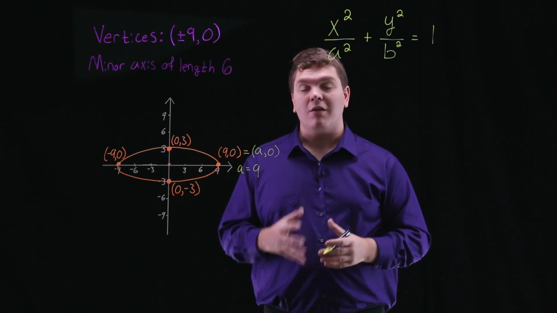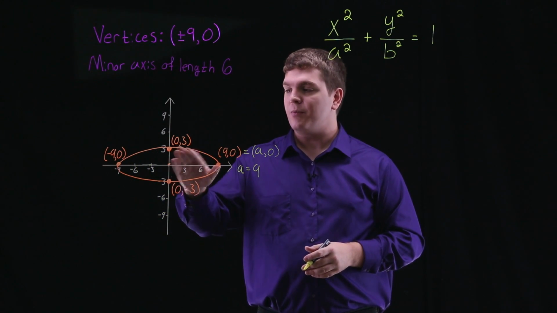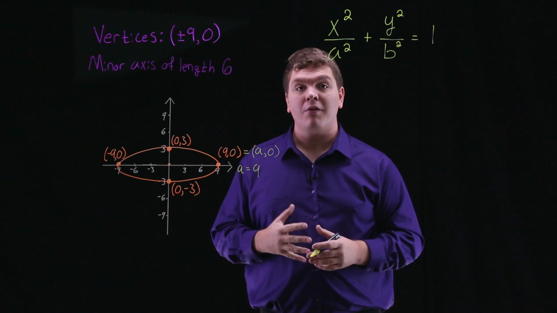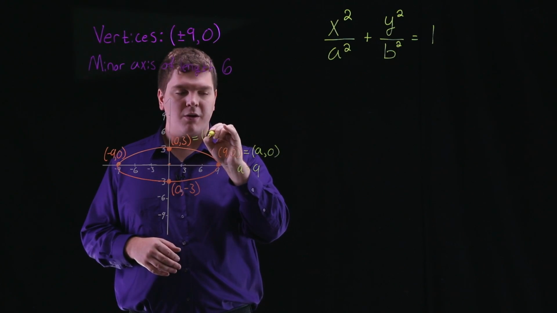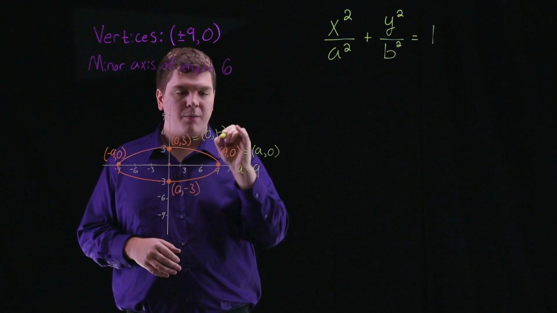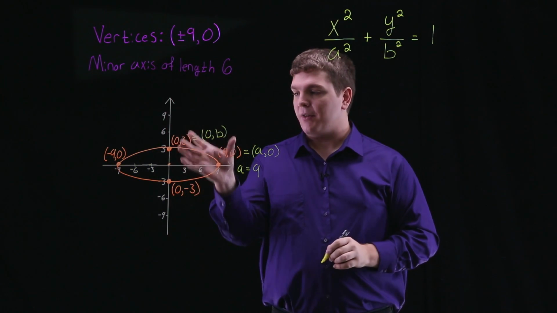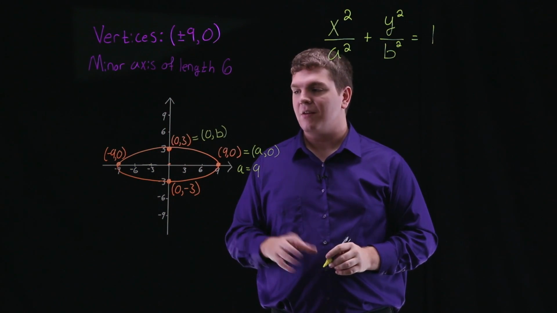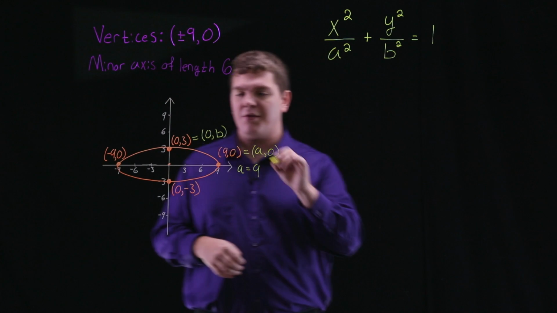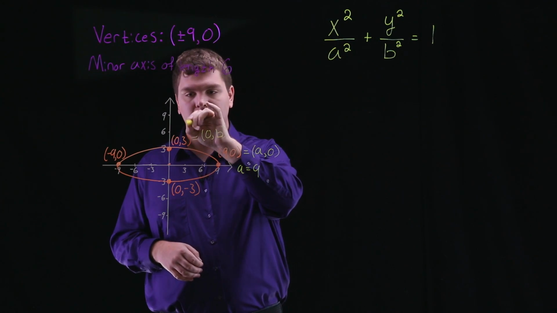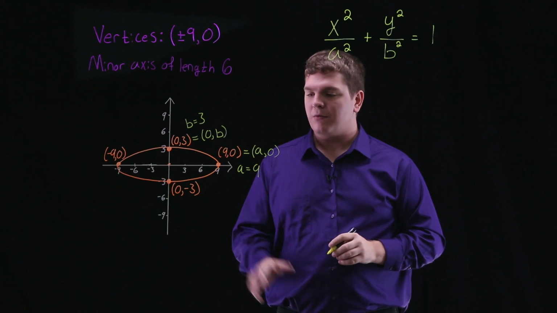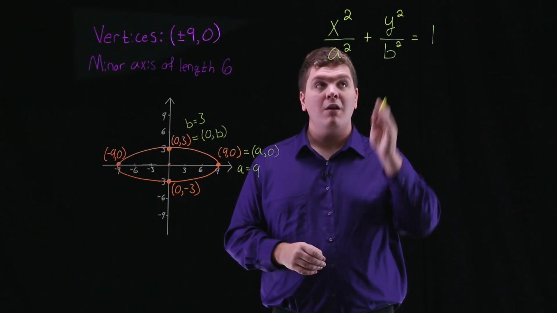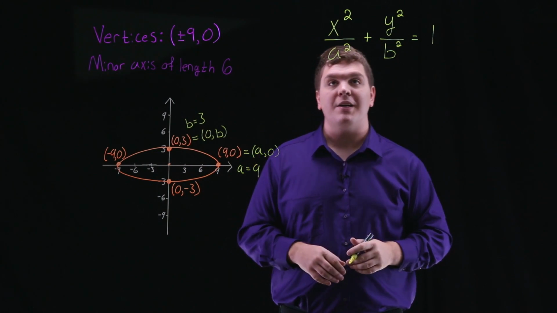And now looking at the points along the minor axis, we know this point here, the point 0, 3, is going to be given by 0, b. So this tells us that b is actually equal to 3. Now we have both a and b, and we can just substitute them back into this equation.